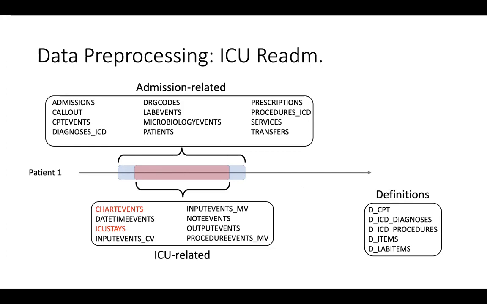So the ICU stays table just records who was admitted to the ICU and what time they were admitted and what time they were discharged, and that kind of administrative information. Chart events, I've said this before, contains several hundred millions of rows of information, which amounts up to maybe 25, 30 gigs of the raw CSV file.